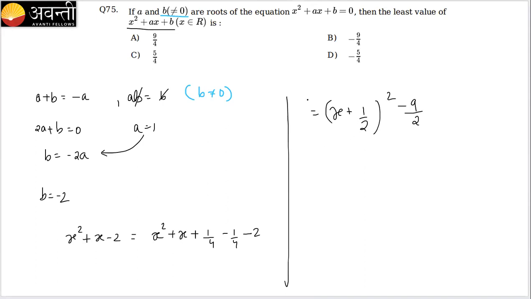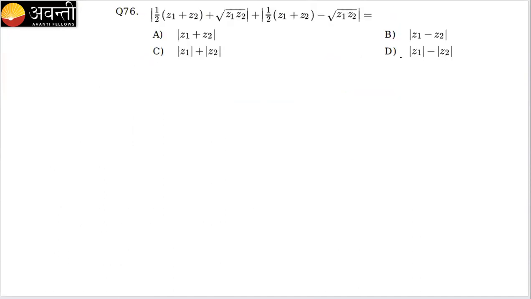For the least value, this squared term should be least, and it will be least when it is 0. So 0 minus 9 by 4, that is minus 9 by 4, is the least value. So minus 9 by 4 means the answer is option B. Let's move on to the next one.